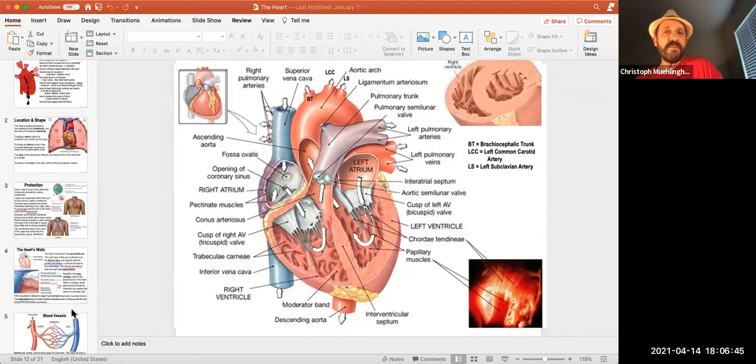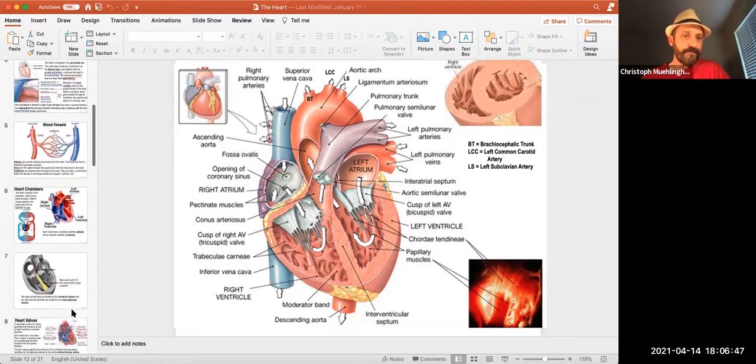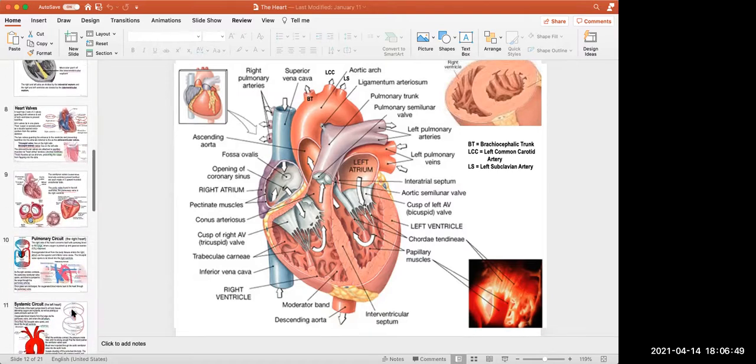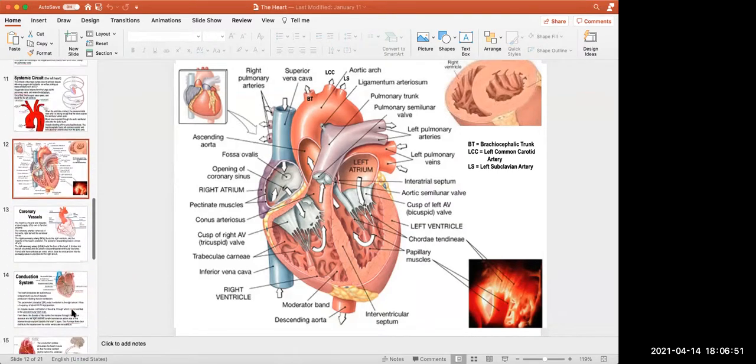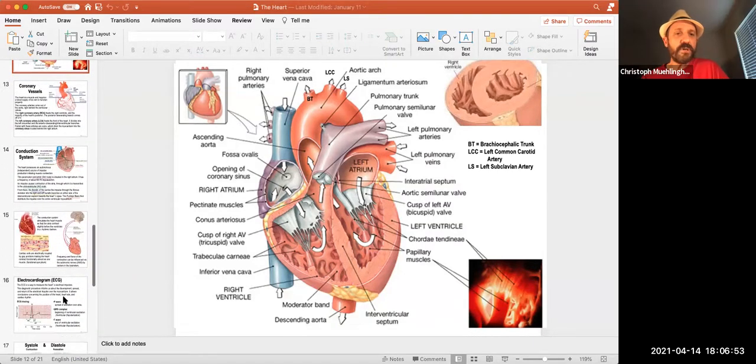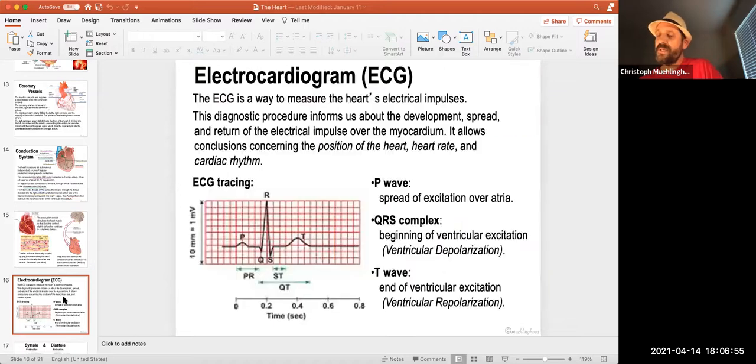So can you guys see my heart? Yes. Yep. Good. So the first bullet there is an ECG or an EKG tracing. That measures the electrical impulses that are spread through the heart's muscle.